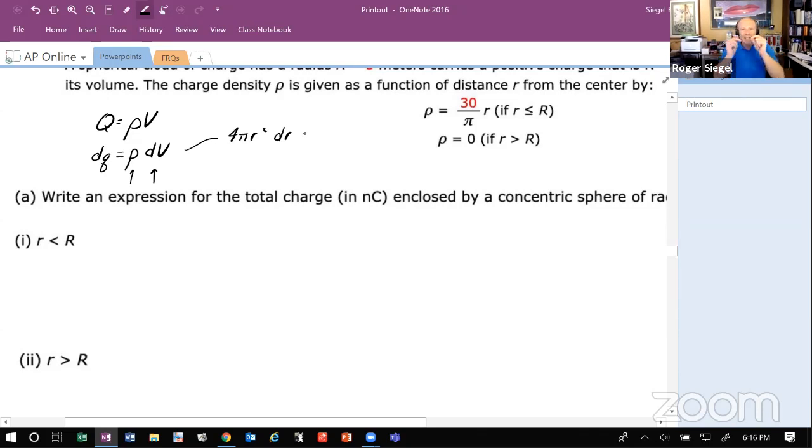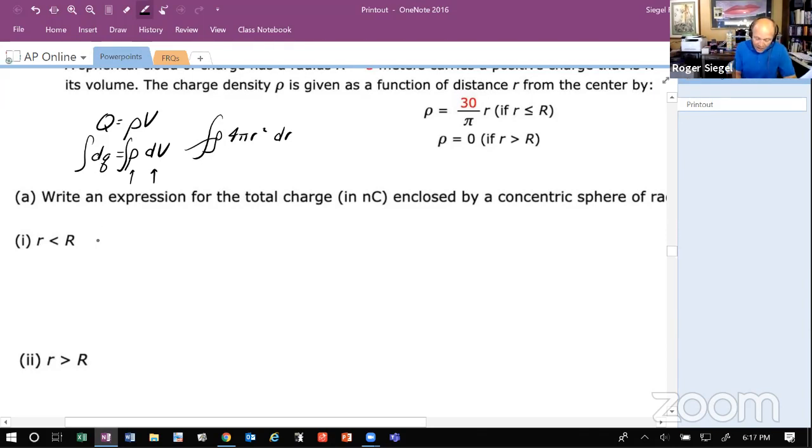And if I had more time, I would be peeling an onion for you, and I would take a real translucent layer of an onion. I would say, see how thick that is? That's what we're talking about, very, very thin. And so if we can add up all these dq's like this times this, we can then get our total charge.